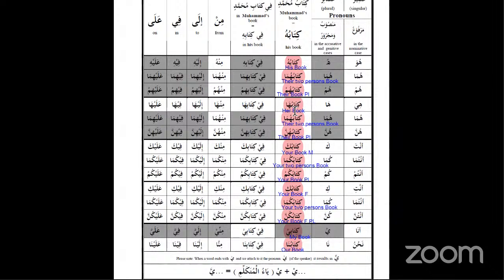Kitabukum, your book for plural male. Kitabuki, your book for one female. Kitabukuma, your book for two females. Kitabukunna, your book for plural female. Kitabi, my book. Kitabuna, our book, for male and female. It is used for both male and female.